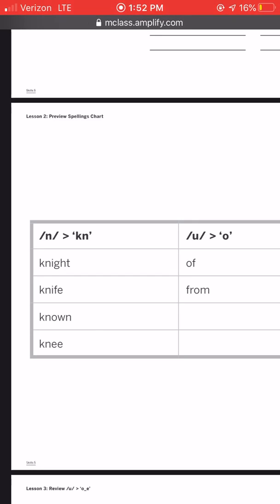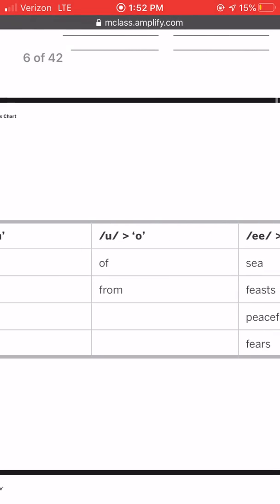KN can make the N sound, which is N. Let's go over some of these words. Night is the first word. Okay, knife is the second word. KN makes the N sound.